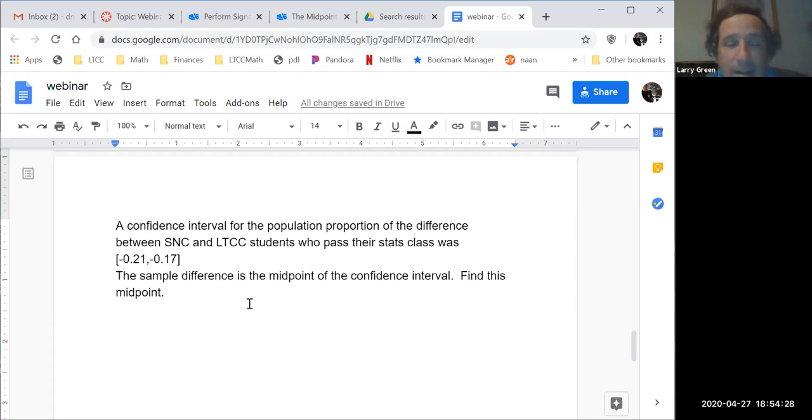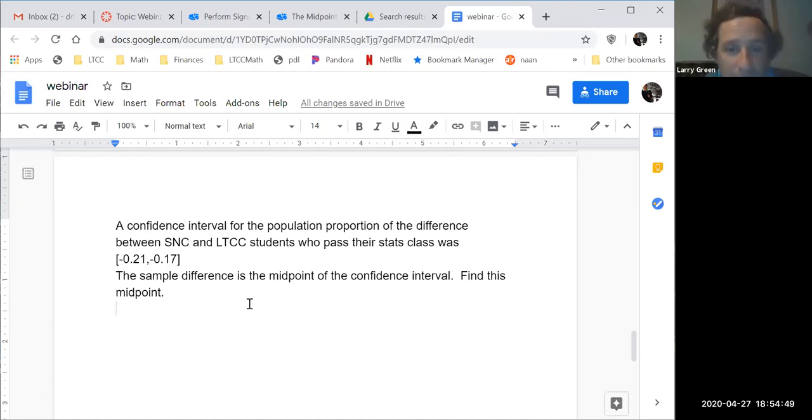So that means LTCC has a higher success pass rate than SNC. Does that make sense? Because if you get a negative on a subtraction, that means the second number was bigger than the first number. Okay, so that's just a note about what this means.